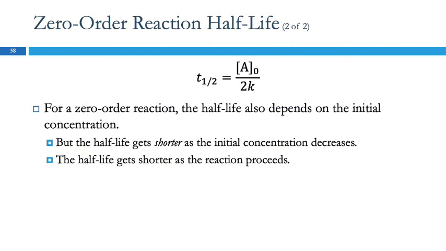Okay, so for a zero order reaction, we have the half-life also depending on the initial concentration. But here, the half-life gets smaller, gets shorter as the concentration decreases. The half-life gets shorter as the reaction proceeds. For the second order, t 1/2 was 0.